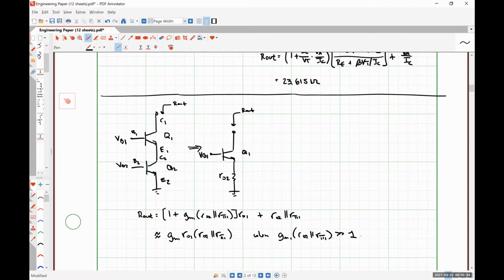Okay, so all I've done from our original equation is replace RE with R02. It's the exact same equation that I had earlier, and then we made a little simplification.